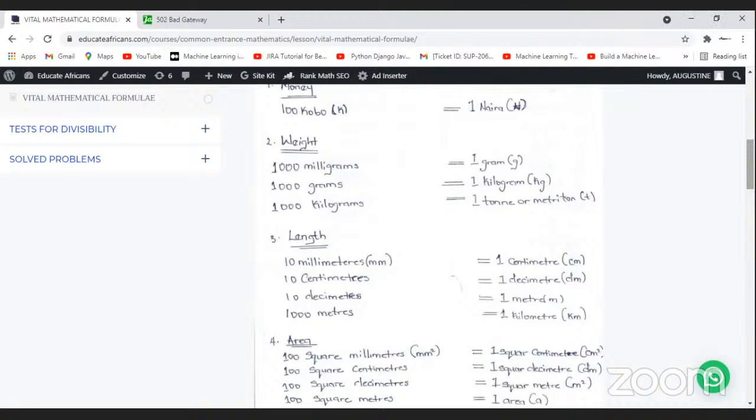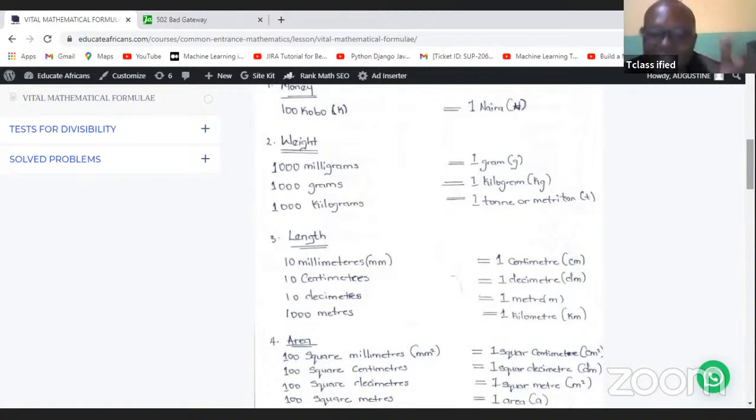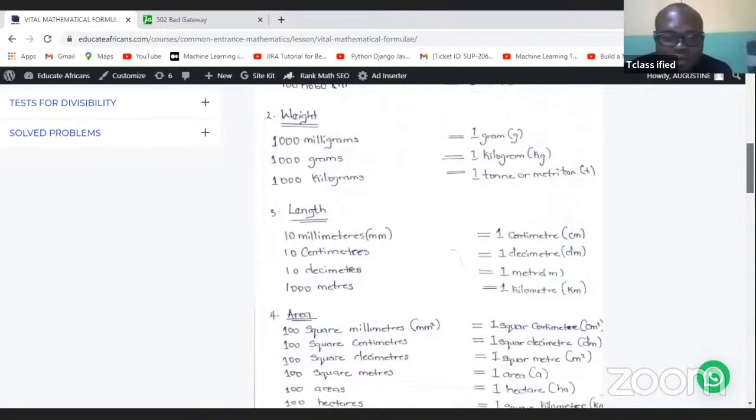Yes, sir. Good. Measurement of weight. Good. But when we're talking about meter, centimeter, decimeter, kilometer, then we're talking about measurement of length. We're talking about measurement of what? Length. Okay. Now let's move on to area.